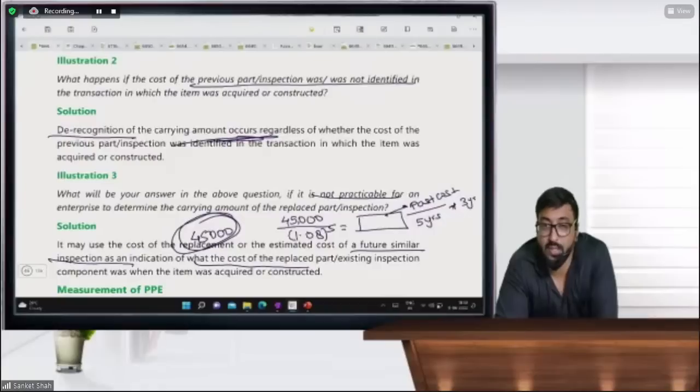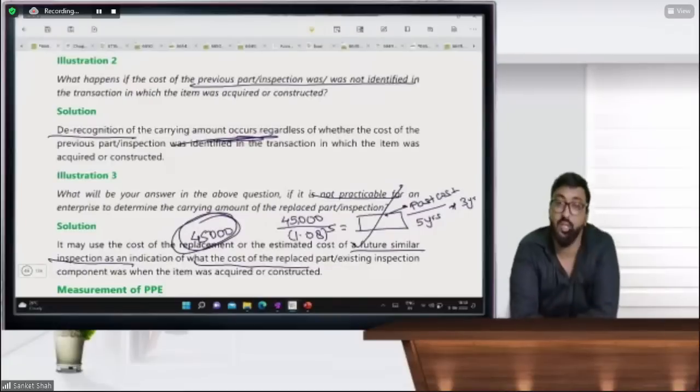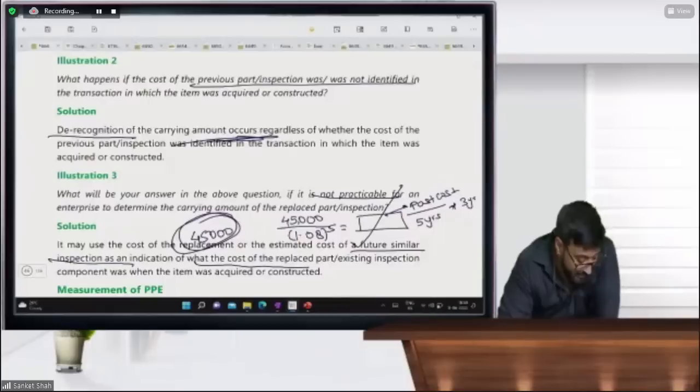But don't consider 45,000. You will discount it and calculate it. So that was your previous cost. If you do not have past records about the compressor, you will calculate it using current data. Nalini ji, still you are not getting it, or did you understand now?